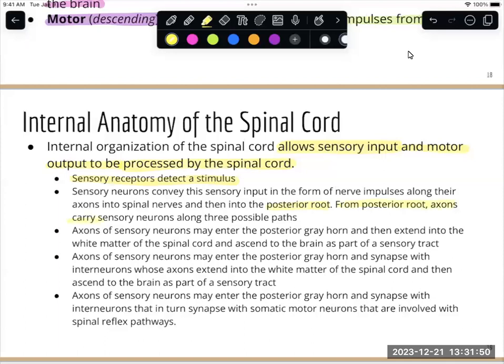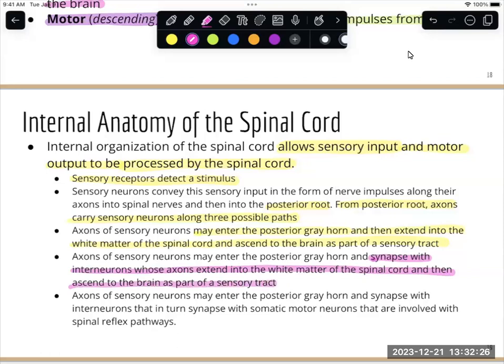And they're going to carry this information one of three possible ways. It can enter the posterior gray horn and go into the white matter and go up to the brain, traveling through one of those sensory tracts. It can synapse with an interneuron that extends into the white matter, then goes up to the brain.